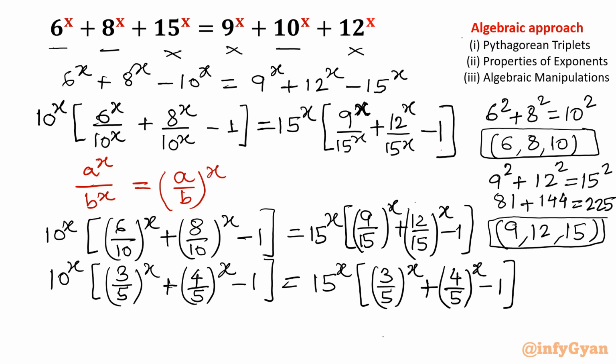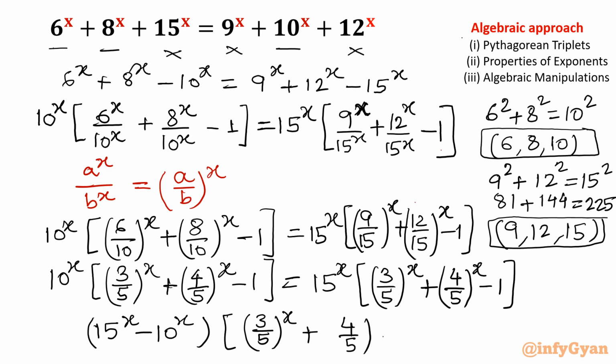Now you can see I will take this bracket common. Before that, you have to consider all the terms on the left side, then take the bracket common. So the ultimate equation will come out: 15^x minus 10^x in one bracket, and in the second bracket you will have (3 over 5)^x plus (4 over 5)^x minus 1, is equal to 0.